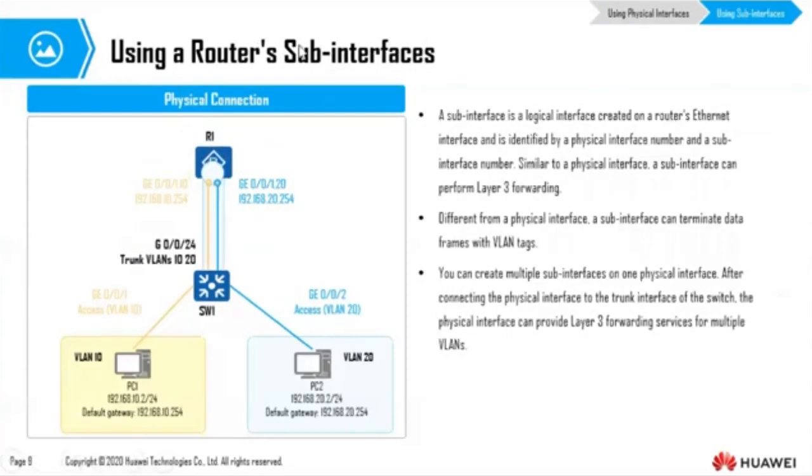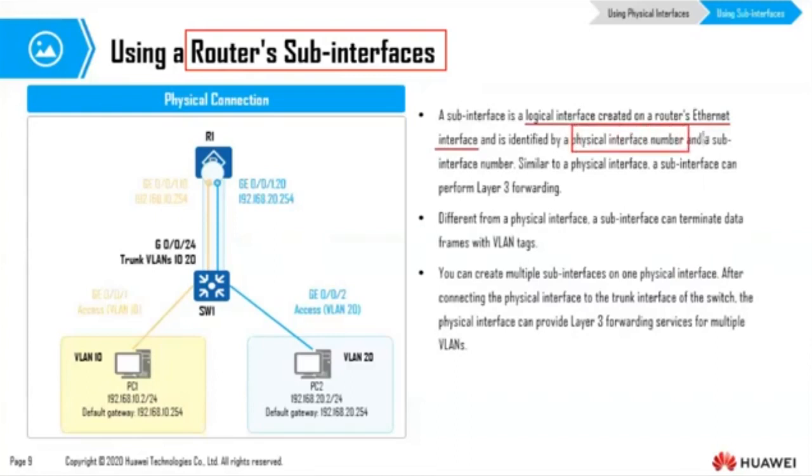Now, the alternative option is using what we call router sub-interfaces. A sub-interface is a logical interface created on a router's Ethernet interface. It is identified by a physical interface number and a sub-interface number.